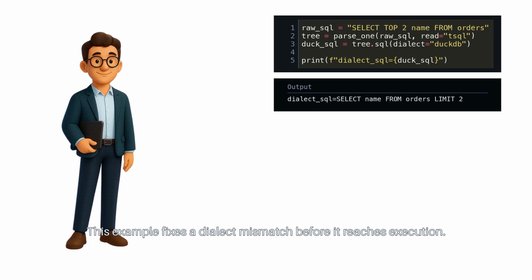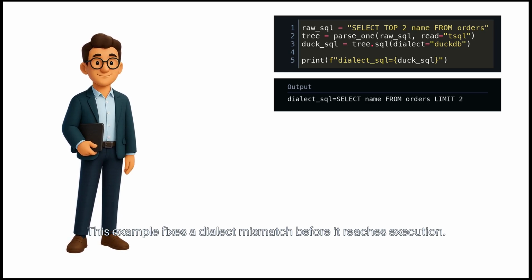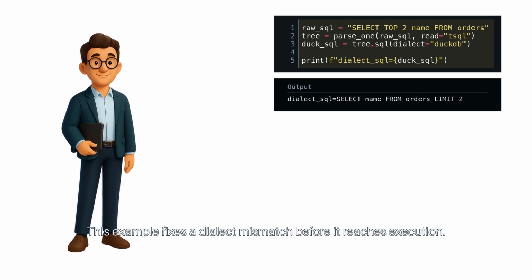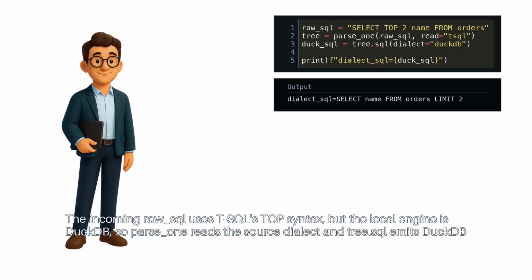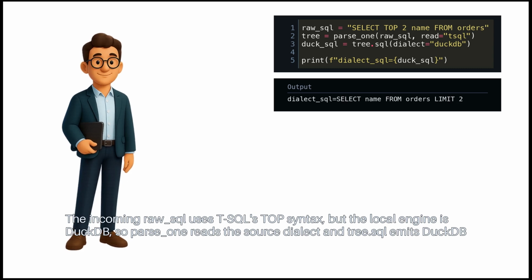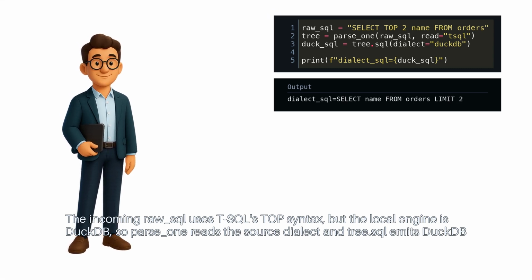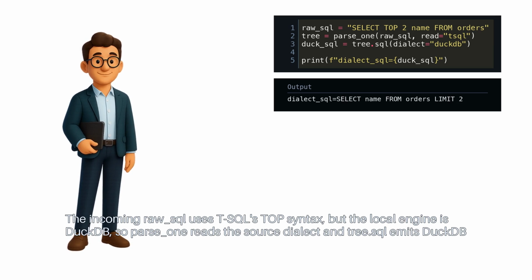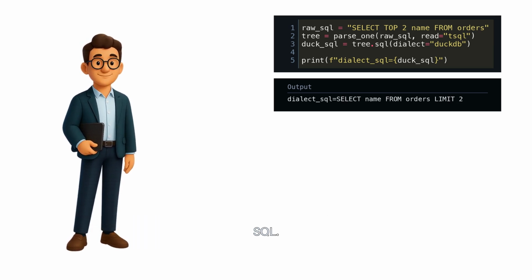This example fixes a dialect mismatch before it reaches execution. The incoming raw SQL uses T-SQL's TOP syntax, but the local engine is DuckDB. So parse_one reads the source dialect, and tree.sql emits DuckDB SQL.